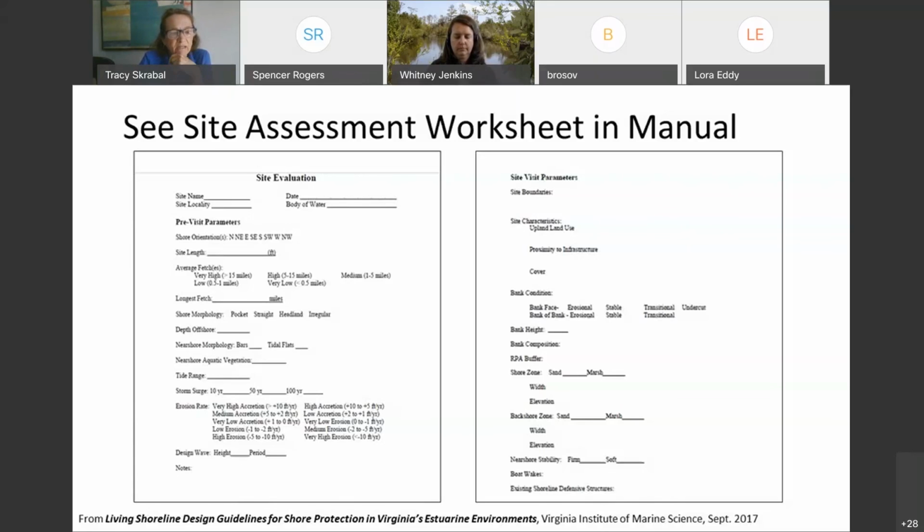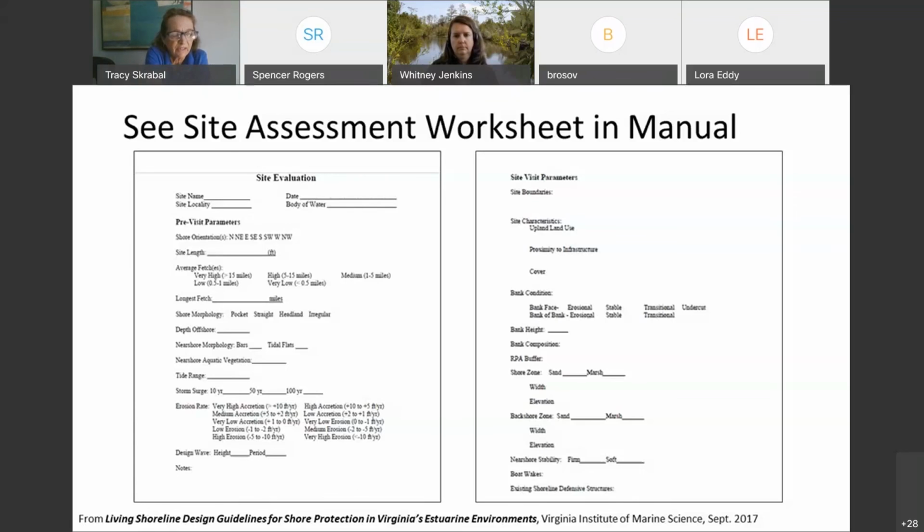Is it muddy? Is it sandy? Are there a lot of sandbars that are going to break down the wave energy? And then right under that, I'm looking to see, are there existing resources that I'm going to have to pay attention to or utilize, such as oyster reefs, submerged aquatic vegetation you'll hear about more.